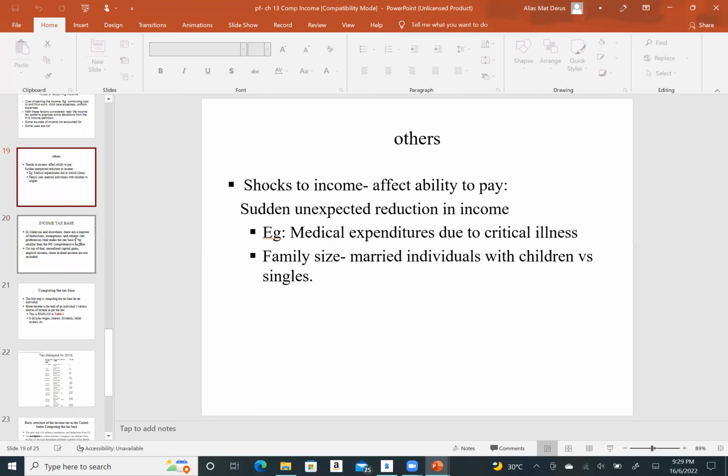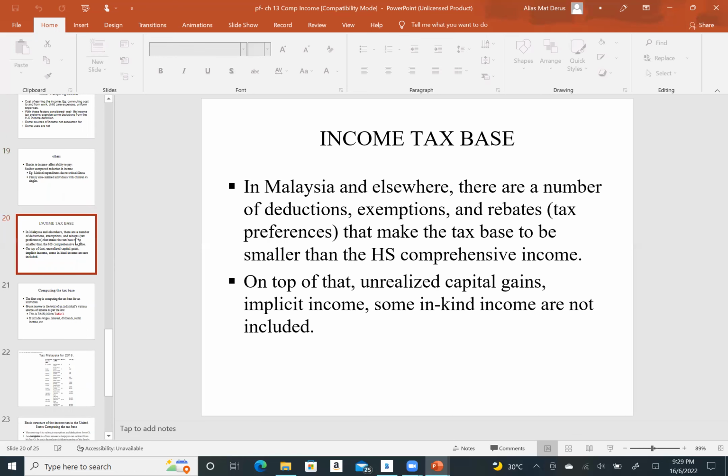So taking that into account, when you want to tax, governments, not just the Malaysian government, any government in the world, normally deviate from the Hicks-Simons income. In terms of sources, we will identify most of the sources, with the exception of some sources I just mentioned earlier.